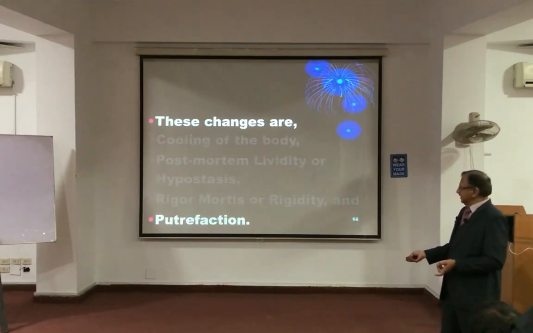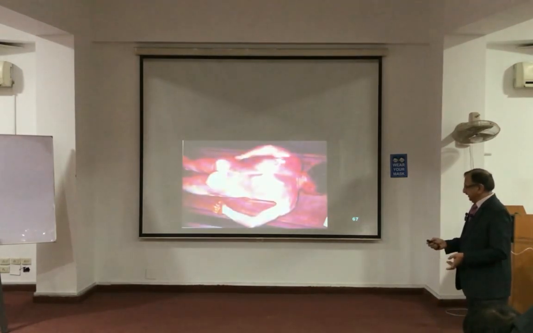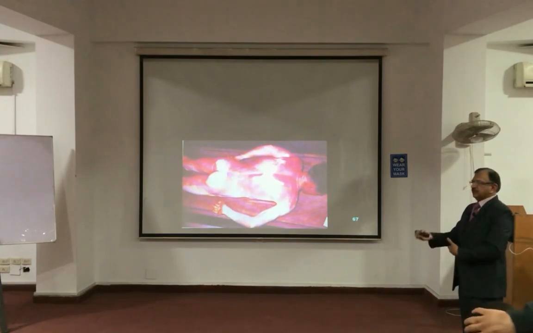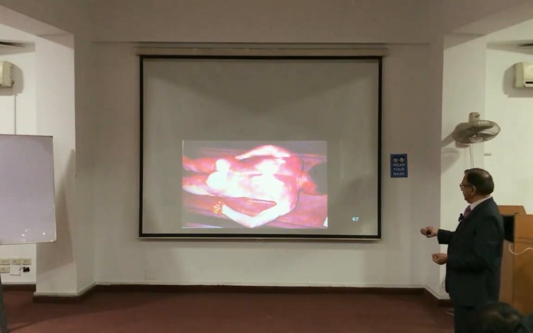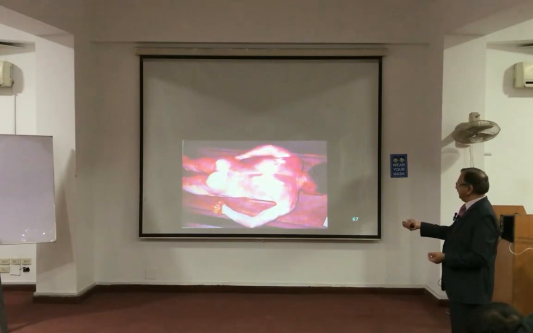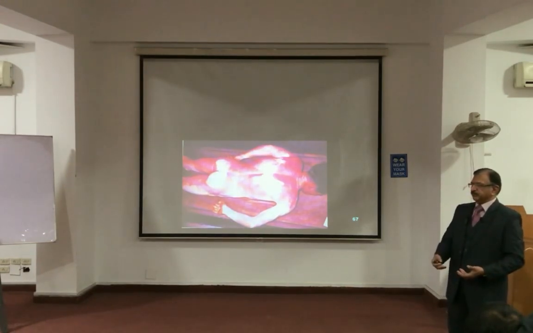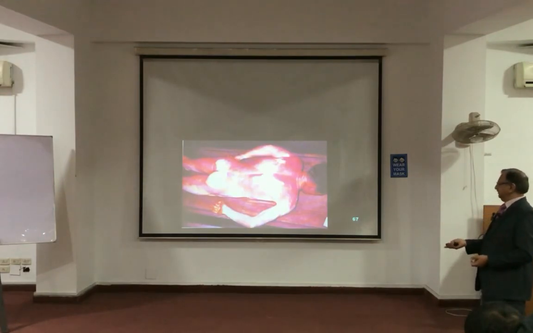So, these changes help us in determining time. This is what I was telling you, that the body was supine, and this is the postmortem staining which has developed in between the areas of contact. This was the area which was in contact, and they are flattened, and on those areas the postmortem staining is not developed.